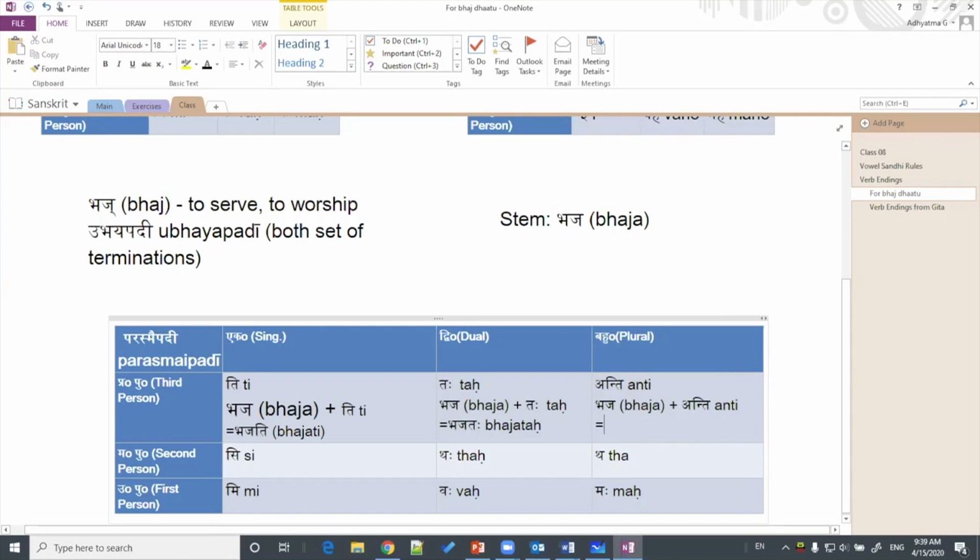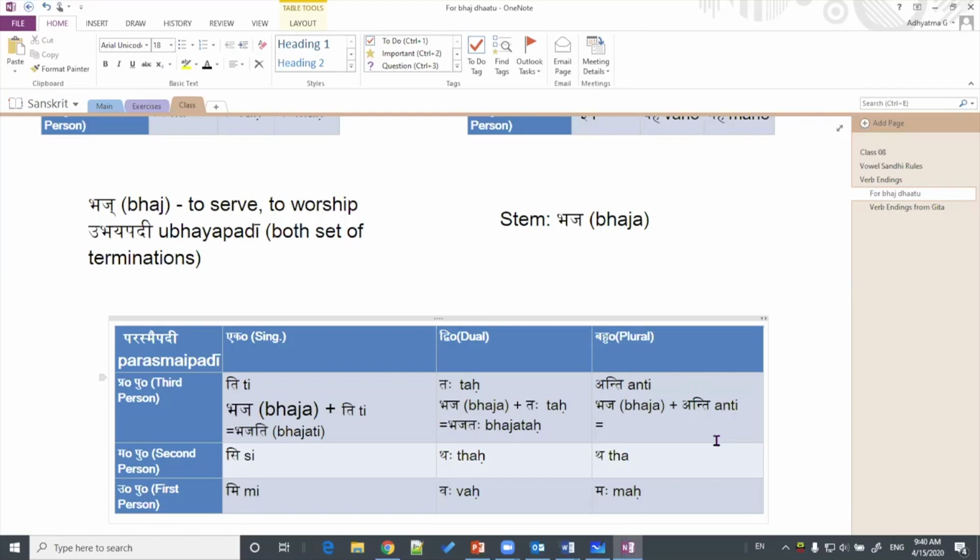Now, here it doesn't seem very straightforward because we have already studied the Sandhi rule. The Sandhi rule says akara followed by akara becomes akara. So it seems like when I combine these two words, it should become bhajanti with a long vowel. But we also know from our study of the gam root that it's gachanti, so it should be bhajanti.